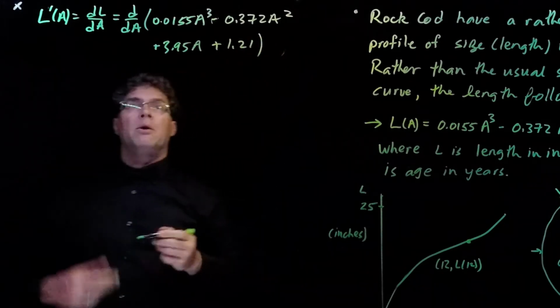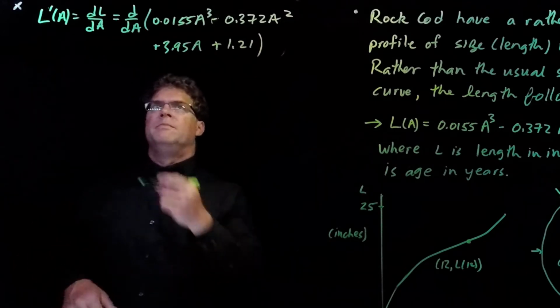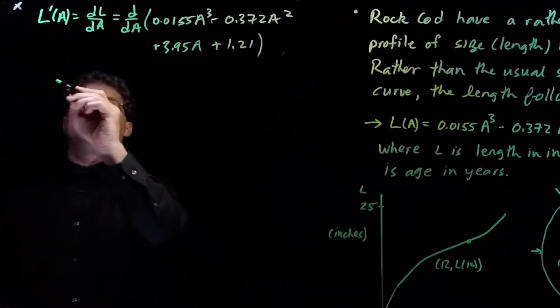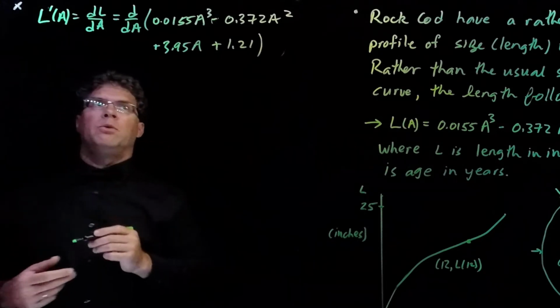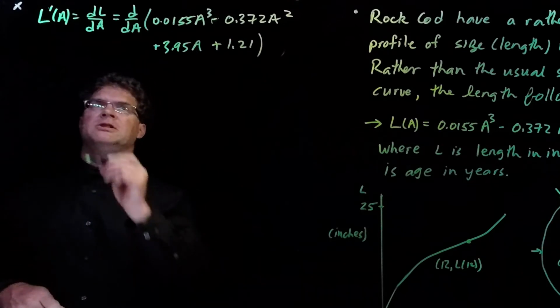Okay, so now we can use the rules for derivatives to calculate. So the first thing we know is that we can pull out constants, and we can also distribute across pluses and minuses with respect to differentiation.